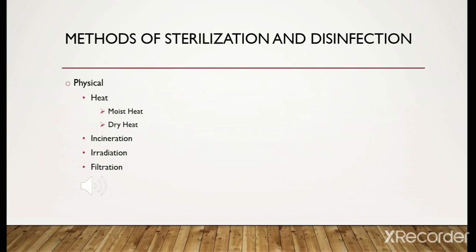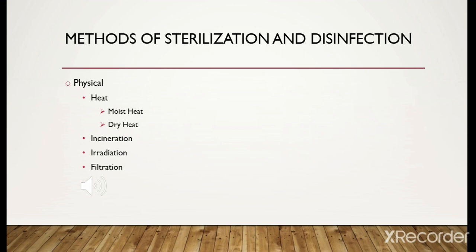These filters are made of cellulose acetate, being rapid, and they don't absorb substances and don't affect the filtrate. The second example is the high efficiency particulate air, also called HEPA filter, used for filtration of air of operating theaters, laminar flow, and drug factories.